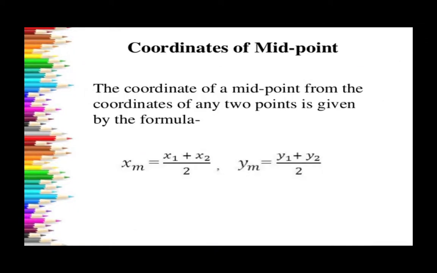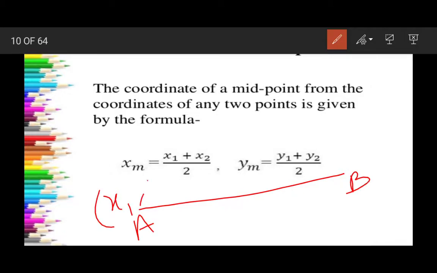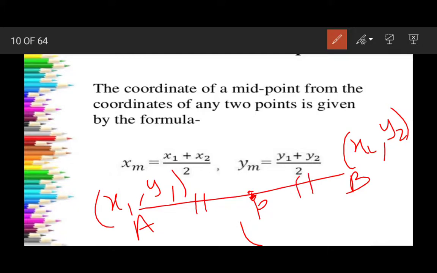Then the coordinates of a midpoint. How do we find the coordinates of a midpoint? Suppose there is a line AB. The coordinates of A are (x1, y1) and of B are (x2, y2), and suppose P is a point here which is the midpoint. P divides the line AB in equal ratio.